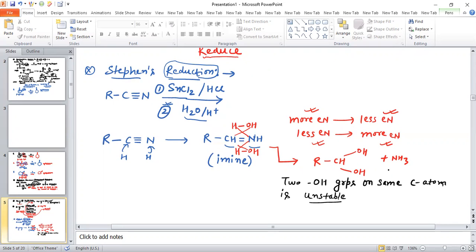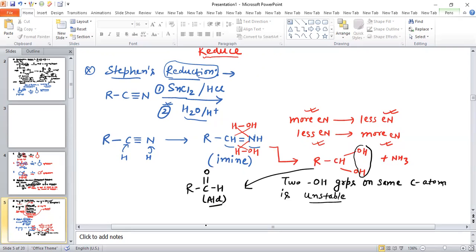So you can simply remove water. OH is removed from one carbon and hydrogen is removed from one carbon. When water is removed, it will form aldehyde as a product. So aldehyde is obtained as a product.